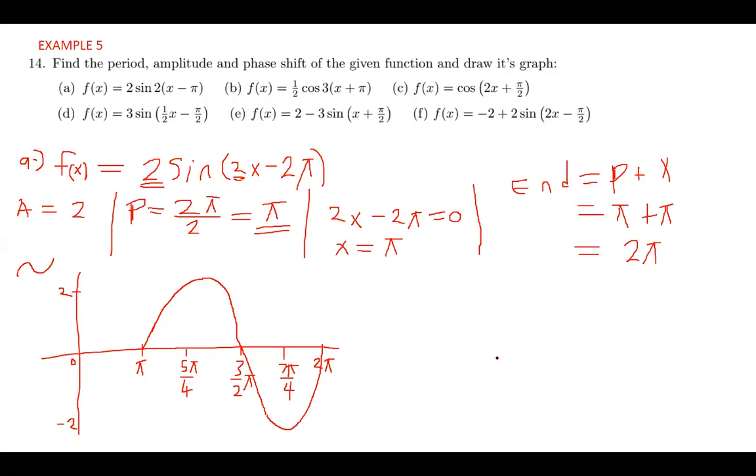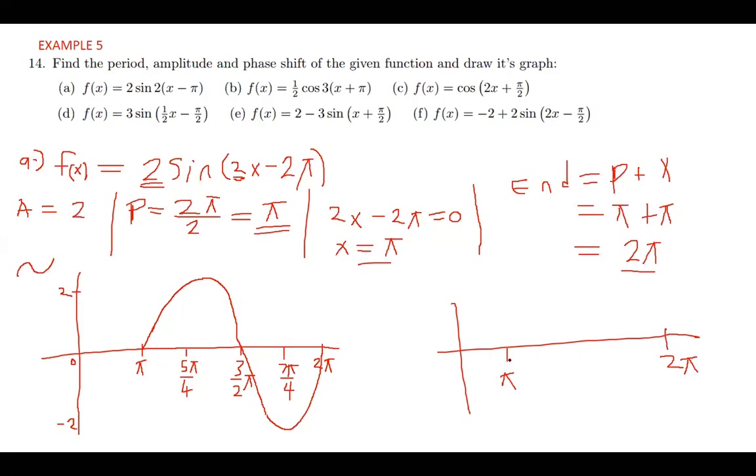We had the pi there, then we had 2 pi there. But how are you going to divide this, if you don't want to be adding that pi over 4 I was talking about?